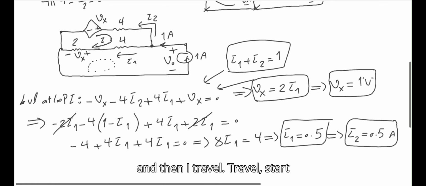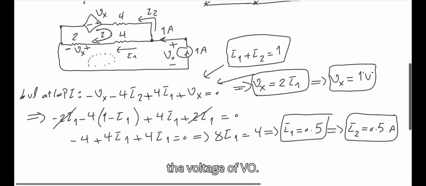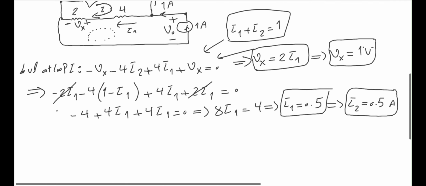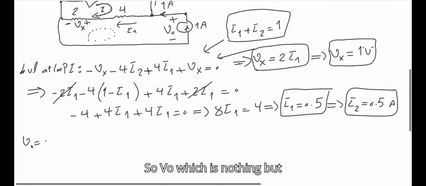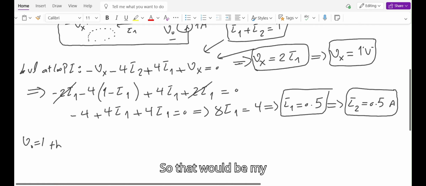So I start the trip from the positive polarity and pass all the way through these two elements and reach the negative polarity to figure out the voltage of VO. So VO, oh sorry, VO is my Thevenin resistor actually. So that would be my Thevenin resistor.